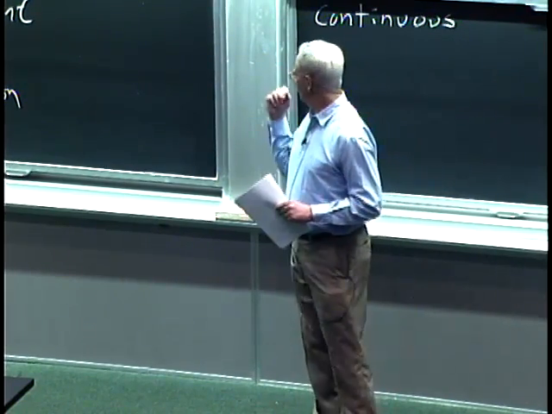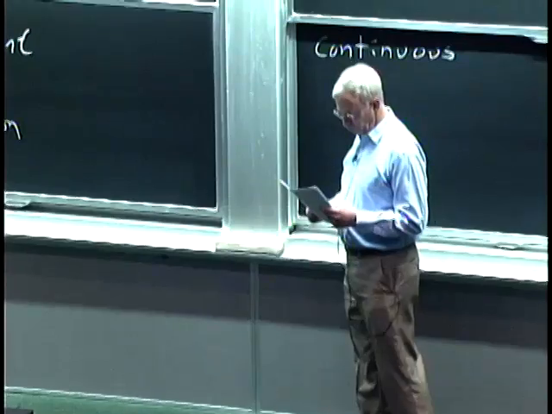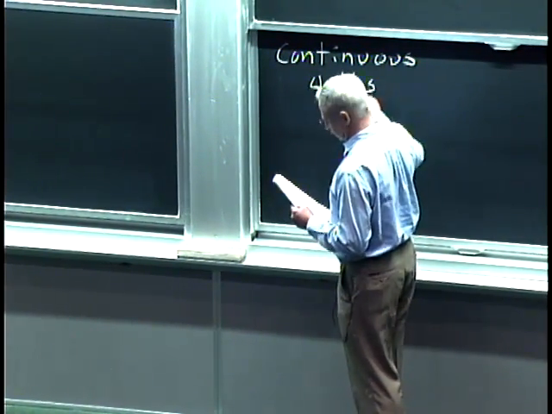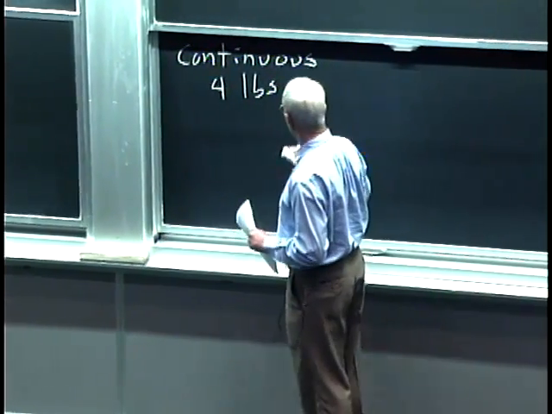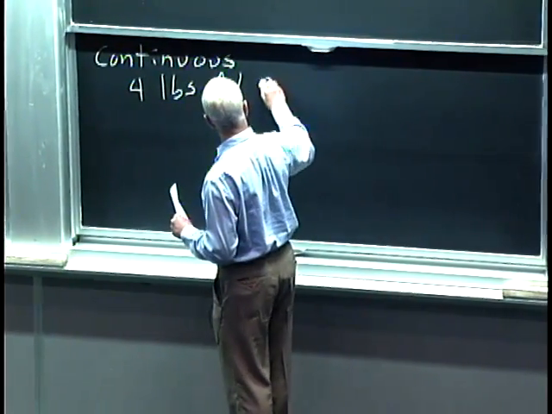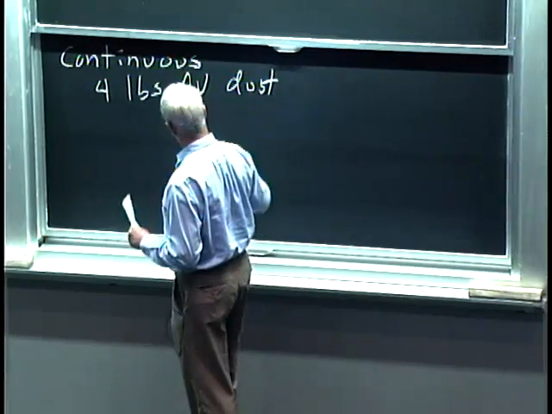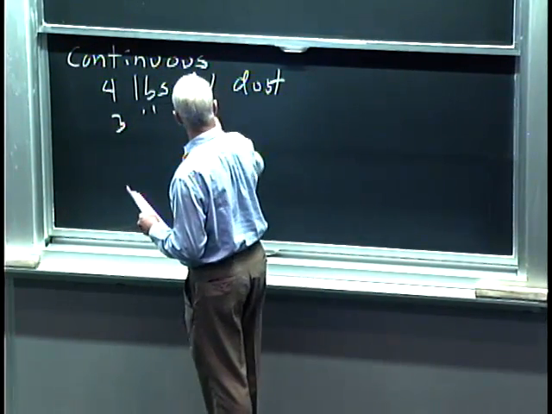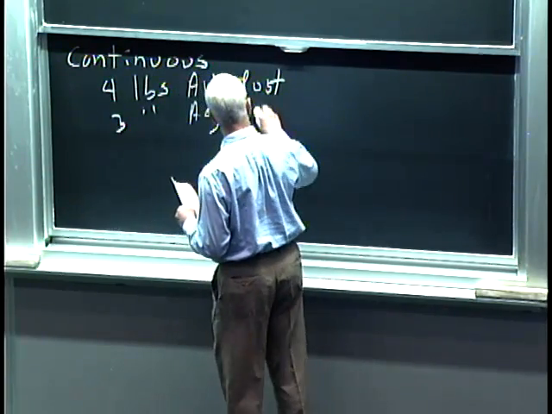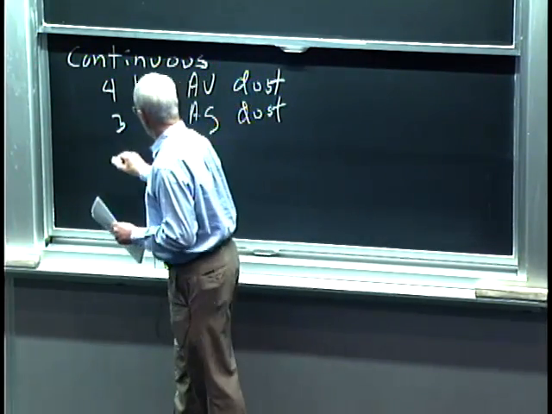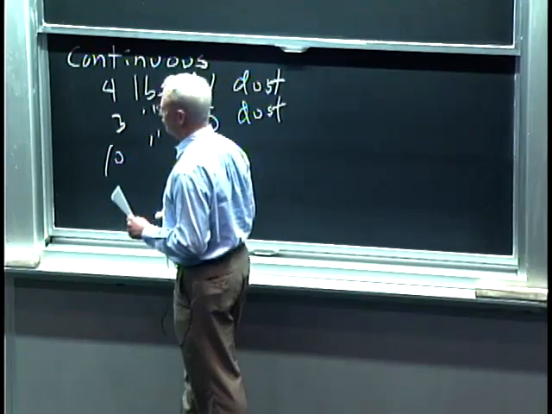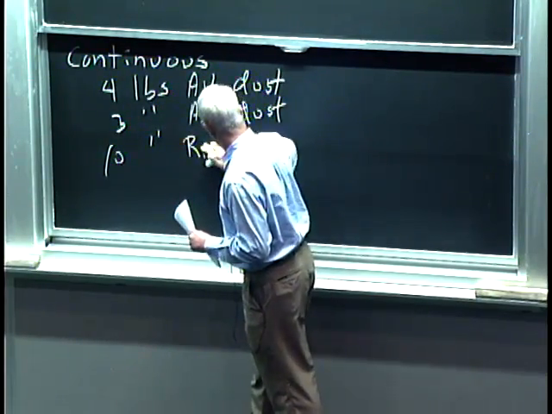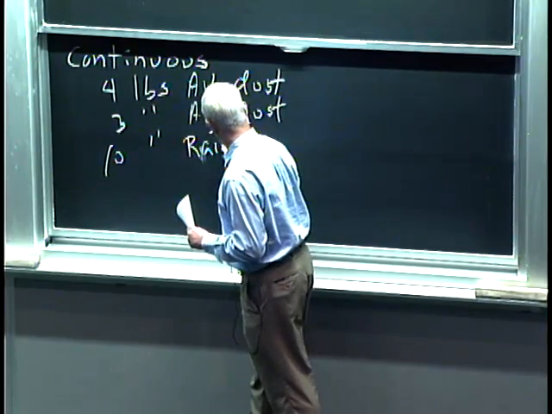Well, let's assume in the continuous world, what you do is you walk into the house and you see something like 4 pounds of gold dust. And you see 3 pounds of silver dust, and maybe 10 pounds of raisins. And I don't actually know the periodic table entry for raisins, so I'll have to write it out.